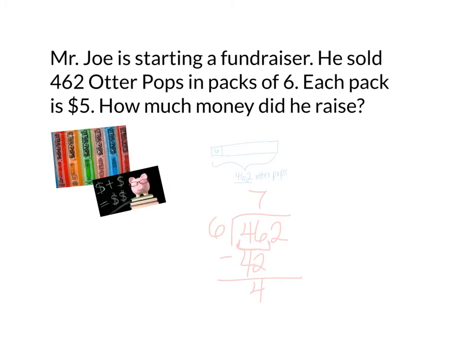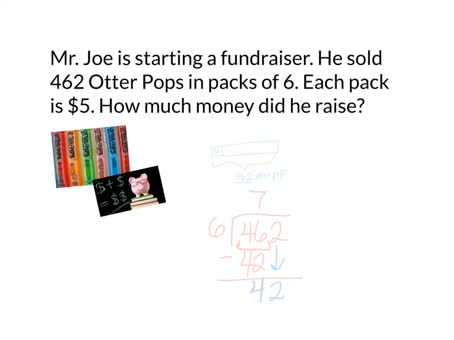No. But I know that 4 tens is equal to how many ones? 40. So I know we have 40, but I also know that I have 2 ones. So I have a total of 42 ones.